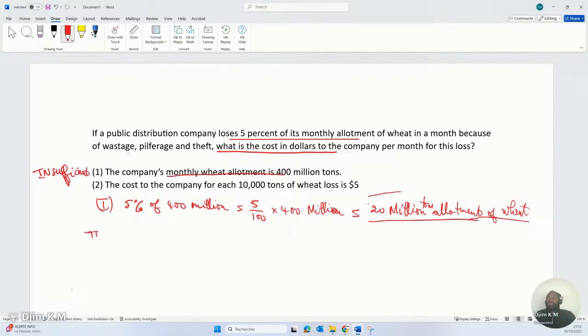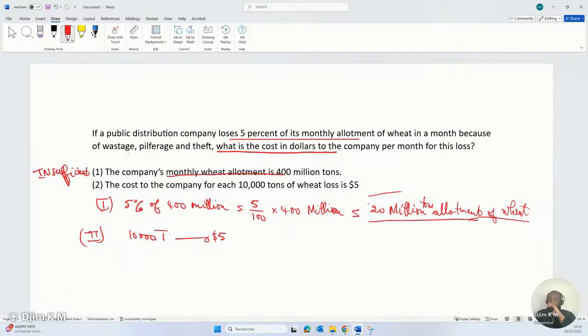The second condition says the cost to the company for each 10 tons of wheat loss is $5. So if we lose 10 tons, it costs $5.